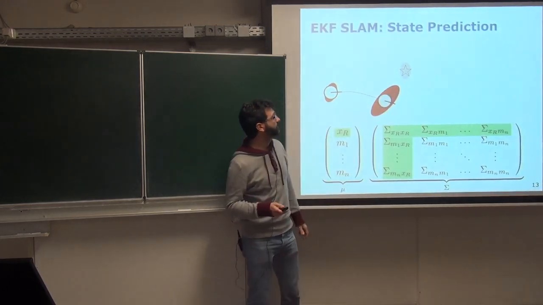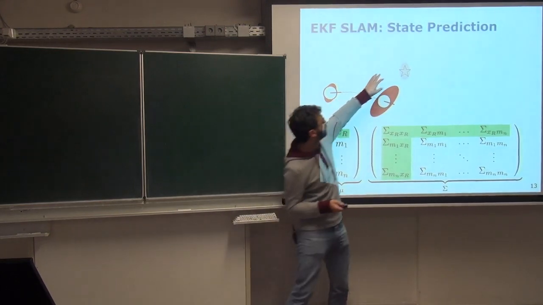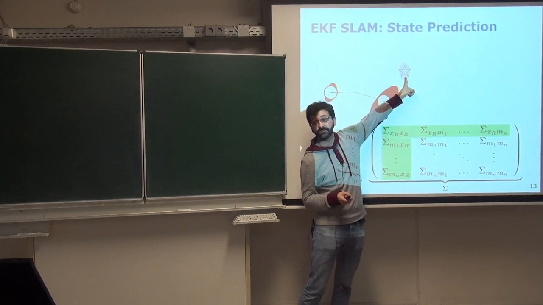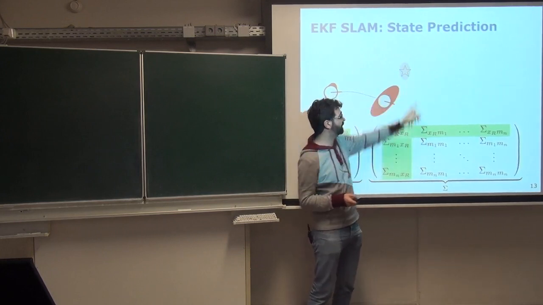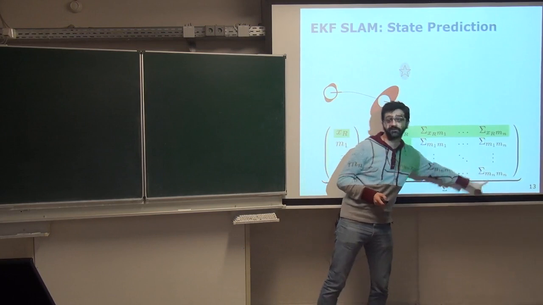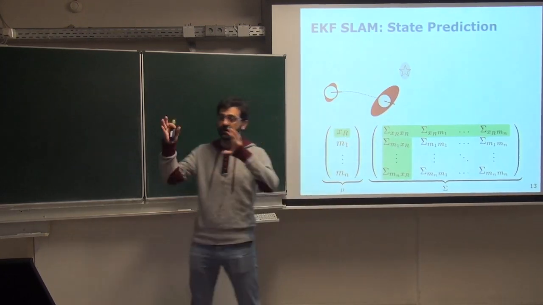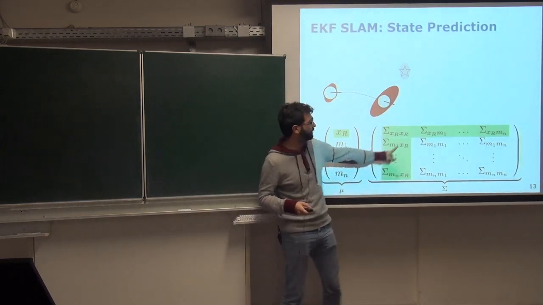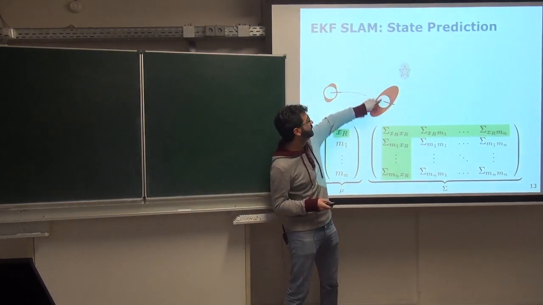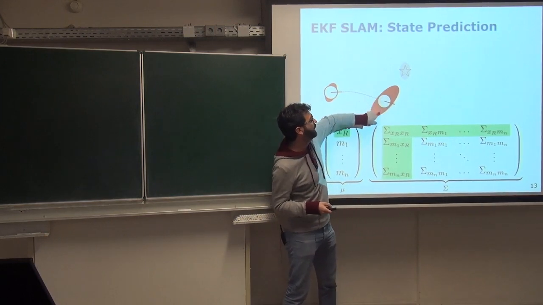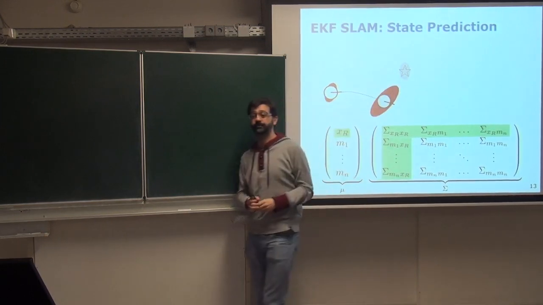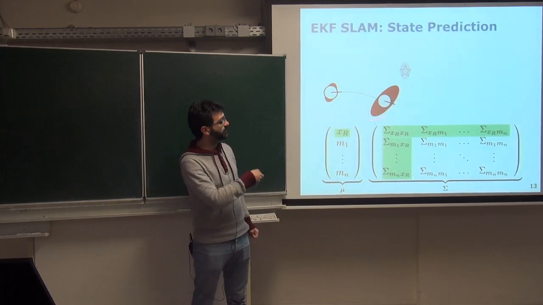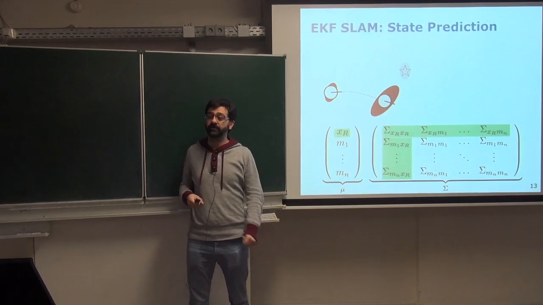You don't see it directly here because this will stay the same. These ellipses here are just drawn by the diagonal elements of this matrix. They're what's called the marginal covariance of the landmarks. But what will change are these internal relations here. So the relation between this state, this ellipse, and this ellipse will change. This means if we update these landmarks, the update on the pose will depend on this part of the matrix there. Okay?